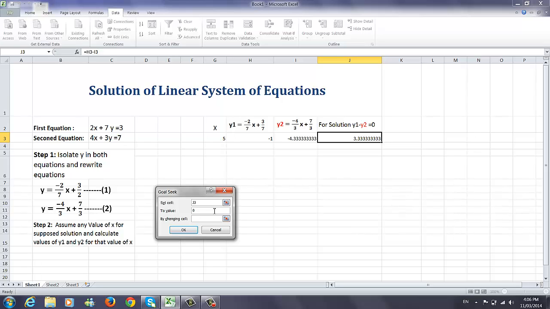What we are really trying to say here is that in J3 we want the difference of y1 and y2 equal to 0 for whatever value of x can give this difference equal to 0, because that will be the solution. So by changing cell, we are going to click back to the cell G3.